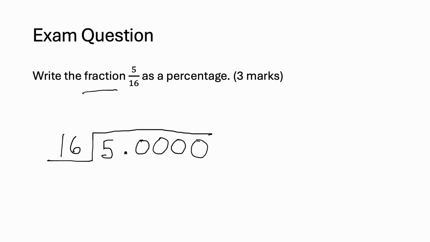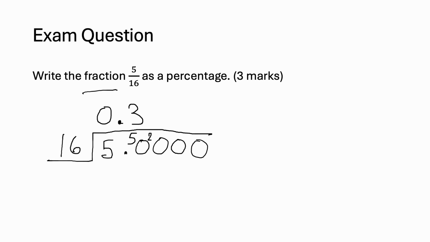So we can't do 5 divided by 16, so put a 0, put our decimal place, and we carry that 5 along. How many 16s go into 50? That is 3, and that remains 2, because 3 times 16 is 48. 50 subtract 48 is 2, so that's where we get our 2 from.